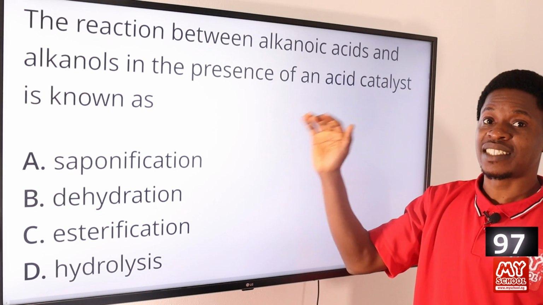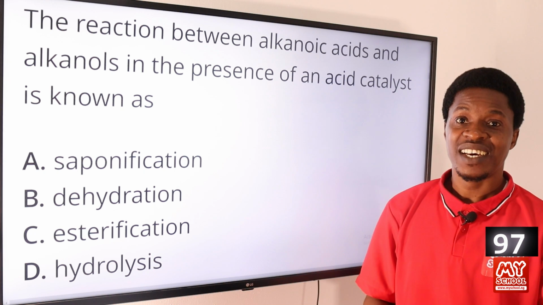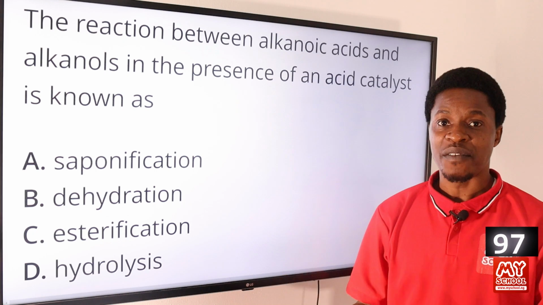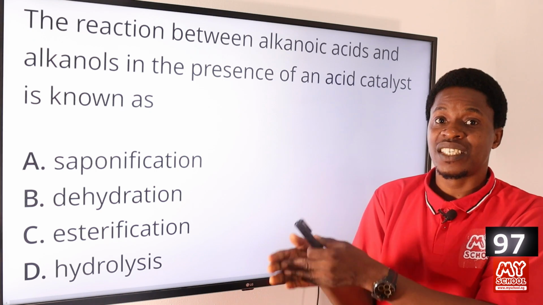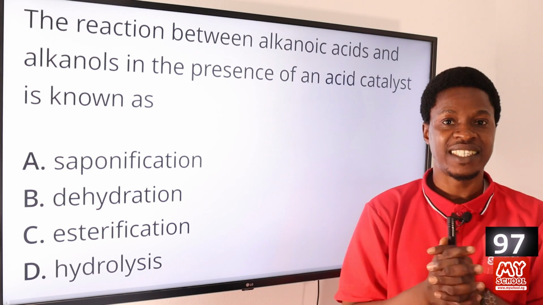You form esters and water. If ethanol reacts with ethanoic acid, we are going to have ethyl ethanoate, that is our ester or alkanoate, plus H2O, water, and the process is referred to as esterification.